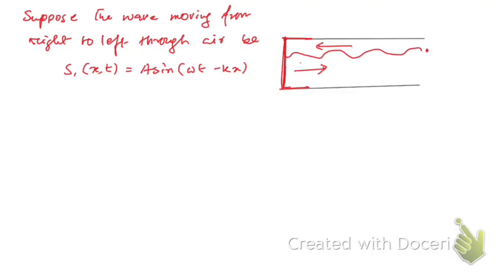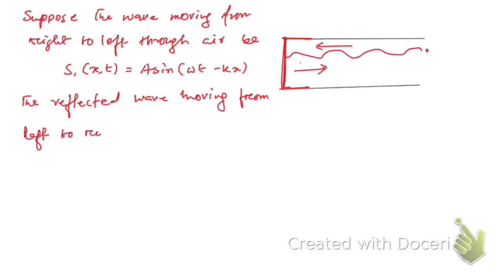And the reflected wave moving from left to right is given by s2(x, t) = s sine.